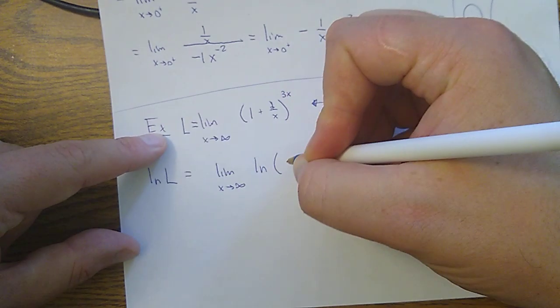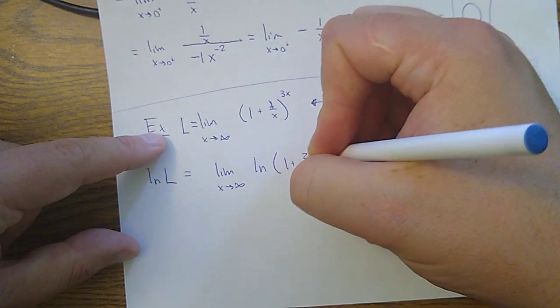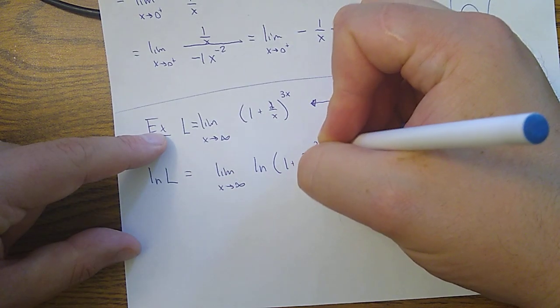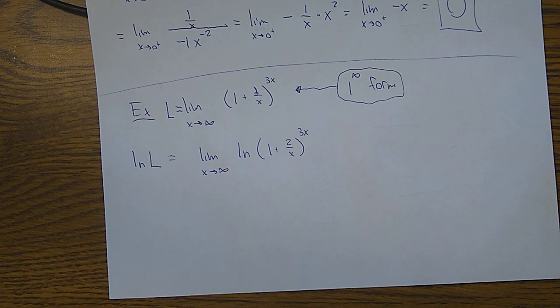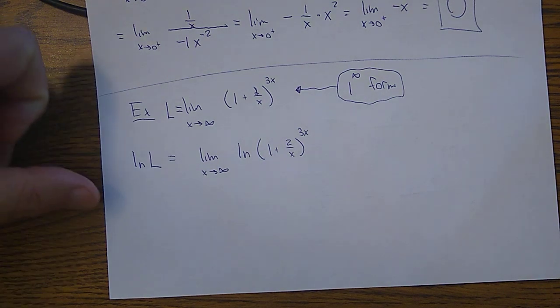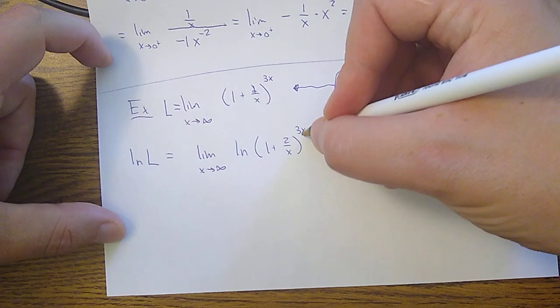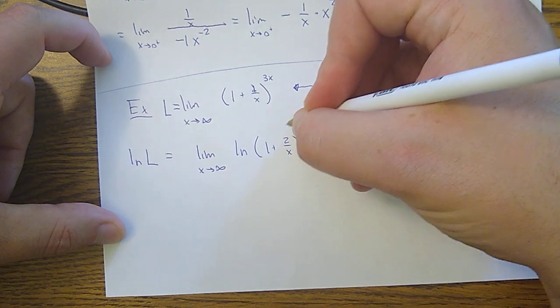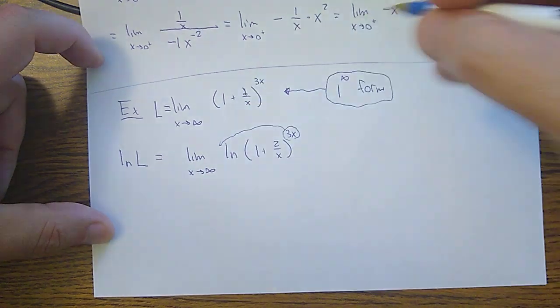I can put the natural log inside the limit. And why am I doing this? Well, I'm going to use log rules to take this down.